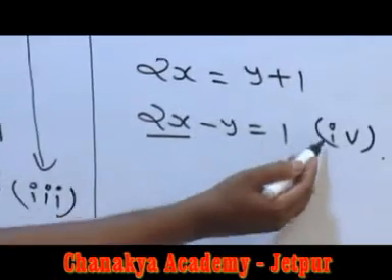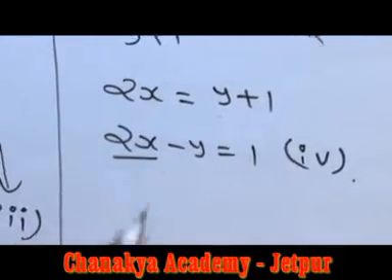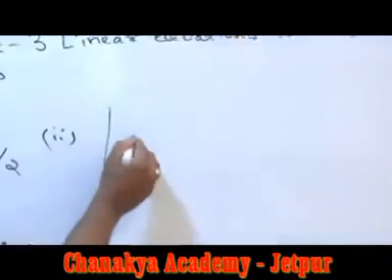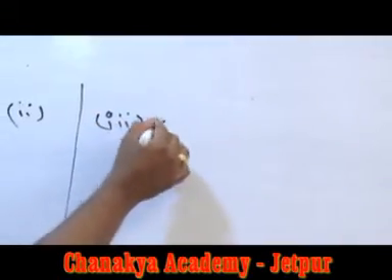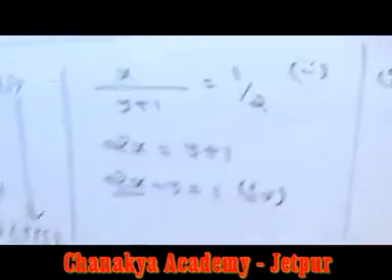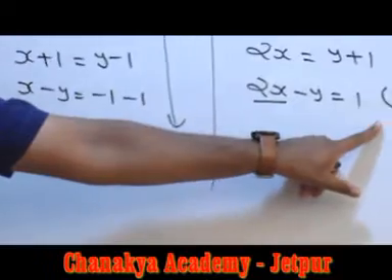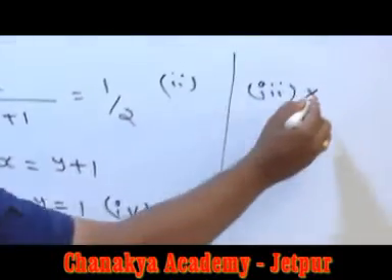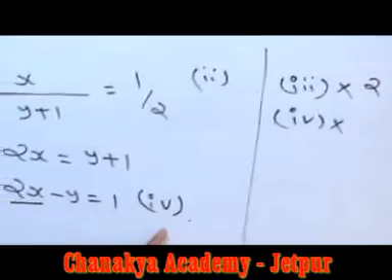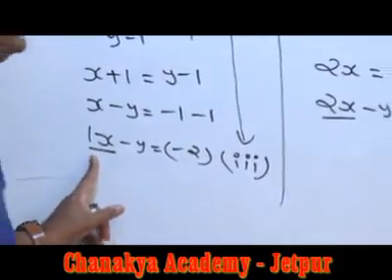In equation number 4, 2 is the coefficient of x, -1 is the coefficient of y, and 1 is the constant. Now we multiply equation number 3 with 2, which is the coefficient of x in equation number 4, and equation number 4 will be multiplied with the coefficient of x in equation number 3, that is 1.